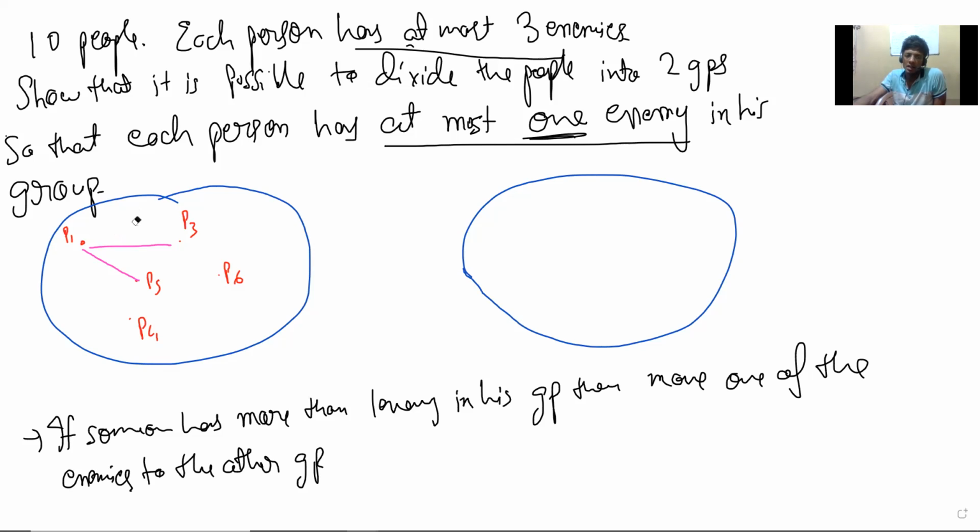Following this, at one step we're just going to move P2 to the other group. And obviously later on you will move P3 also. In each step we are going to do this. And in the next step maybe we'll move P3 or P5 to the other group.